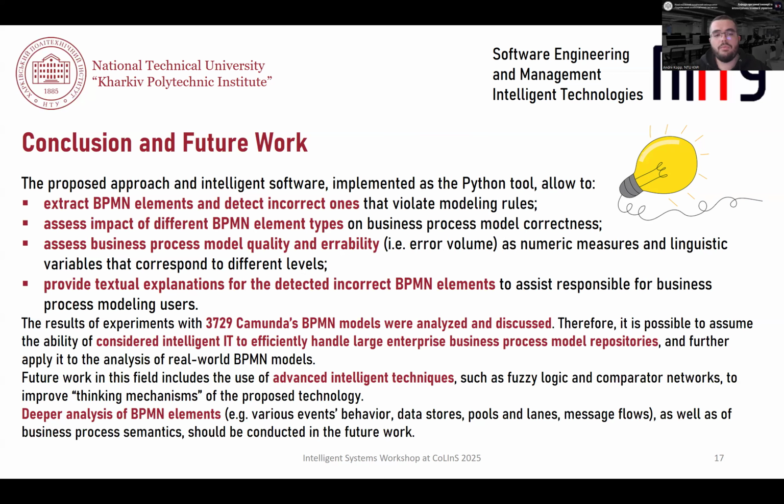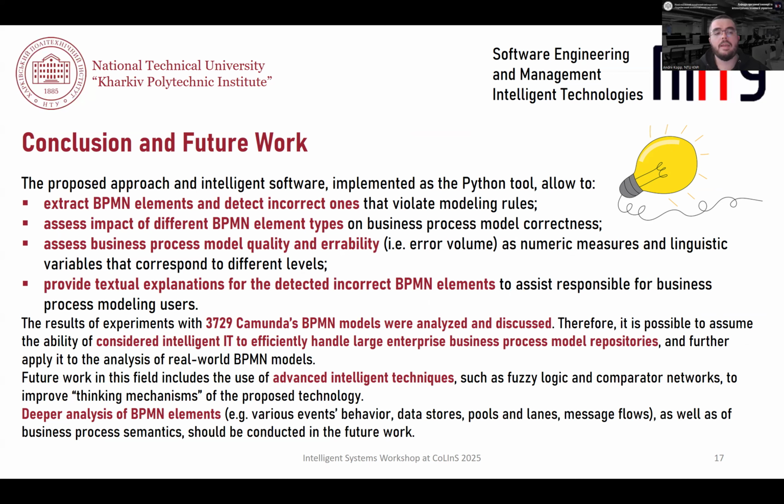The results of computational experiments with almost 3,800 Camundus BPMN models were analyzed and discussed, and it's possible for us to assume the ability of the considered intelligent technology to efficiently handle large enterprise business process model repositories and further apply it to the analysis of real-world BPMN models.